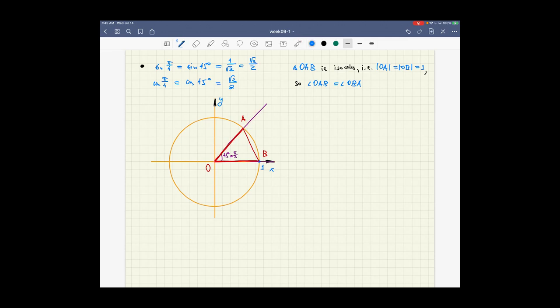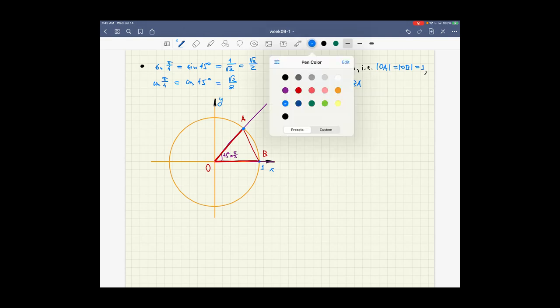We want to find the coordinates of the point A, and maybe I shouldn't be working with the triangle OAB. Maybe that wasn't a good idea.